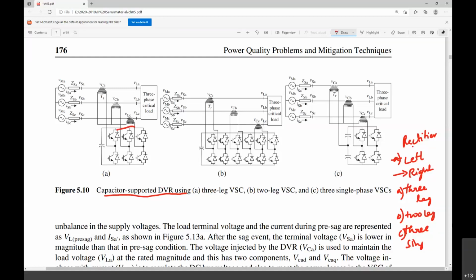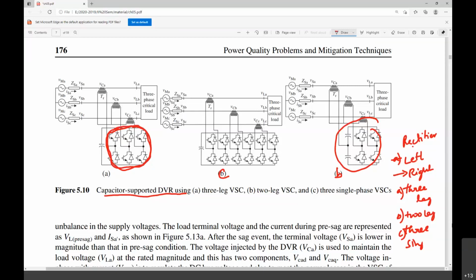As I mentioned, with the topology, what are the limitations? This is about the two-leg VSC, and this should be figure B, and this should be figure C, the three single phase VSC. The only thing is that the switching control logic for these inverters is different.